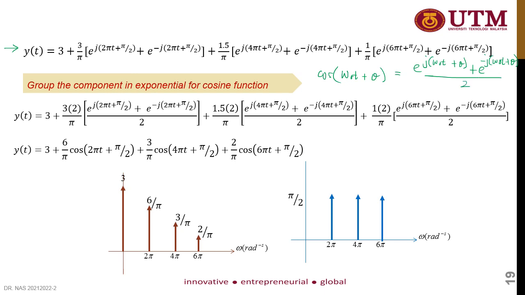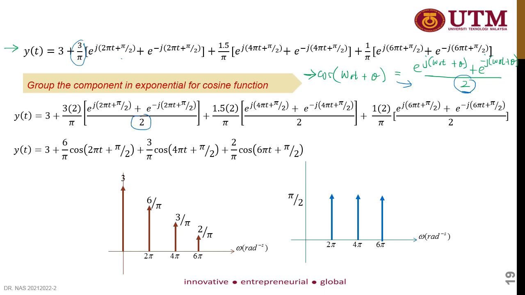So you can group your exponential equation based on this general equation. You already have 3 over pi, so how to make it into this? You need to divide by 2.